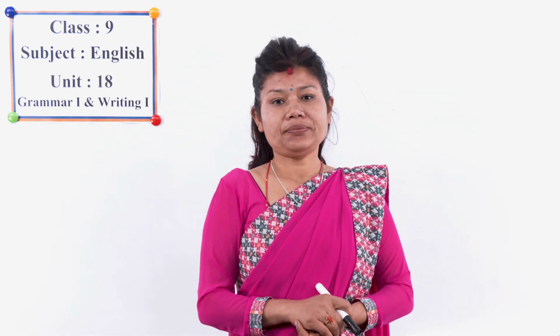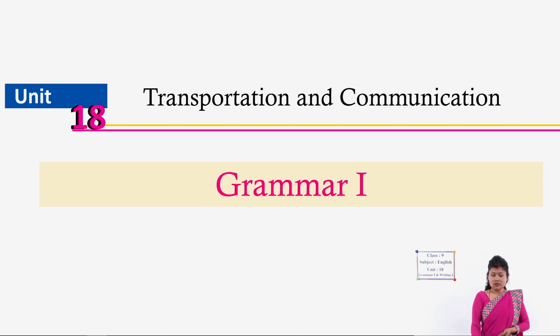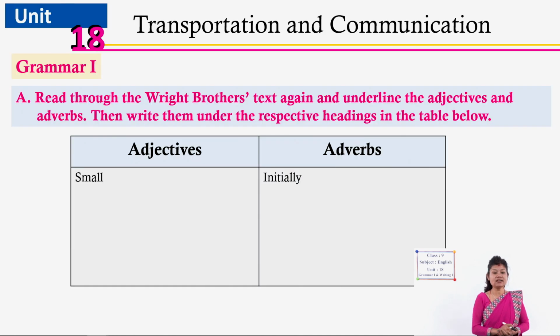What is there? Can you say? Yes, there is given a task. You have to do a task there. Read the instruction: read through the Wright brothers text again and underline the adjectives and adverbs. Recently you completed a reading text in the reading section.